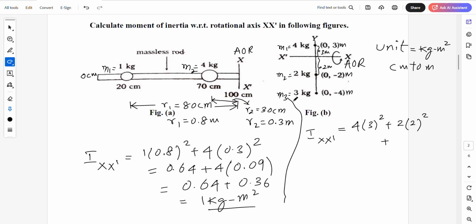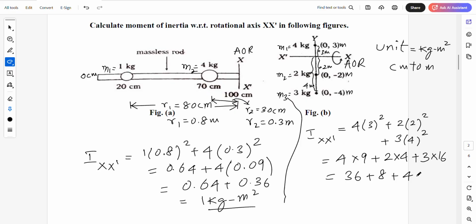Plus of m3 is 3 and how much? This is 4 meter. This is the distance of 4 meter. 4 the whole square. That is equal to 4 into 9 plus of 2 into 4 plus 3 into 16. 4 9s are 36. 4 2s are 8 plus 16 into 3 is 48.